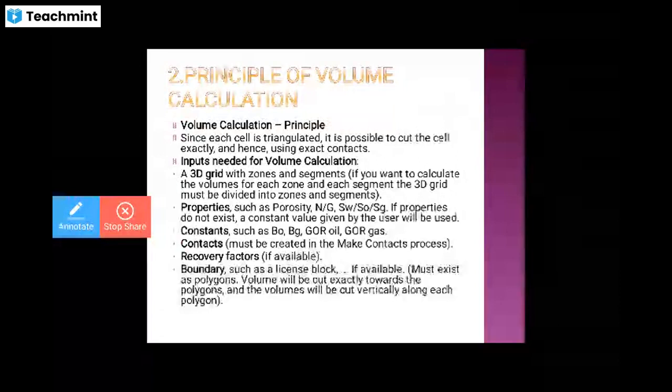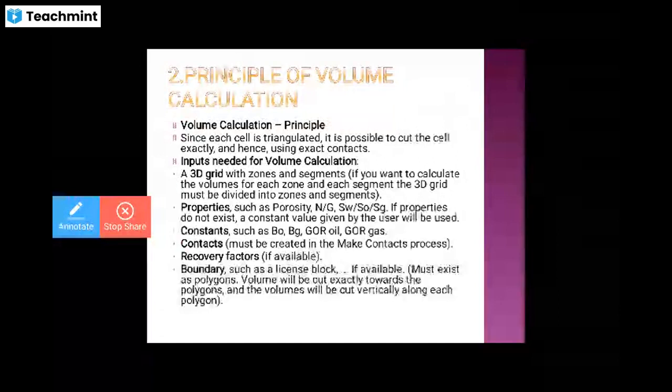Then next is your properties of oil and gas, such as porosity and water saturation for oil and gas. If these properties do not exist, then a constant value should be given by the user.